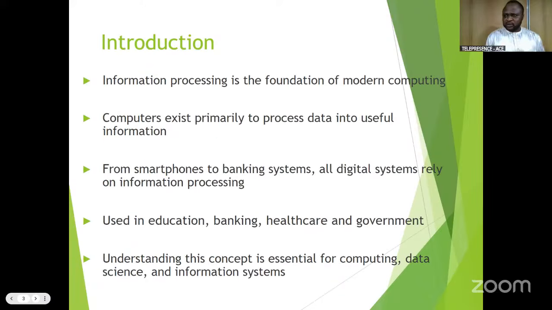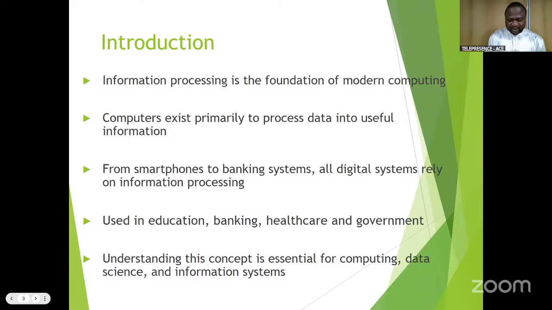All right. Now let's quickly do a form of introduction to the things we are doing. We know that information processing is the foundation of modern computing. It's at the heart of computing, and is the fundamental reason why computers exist.